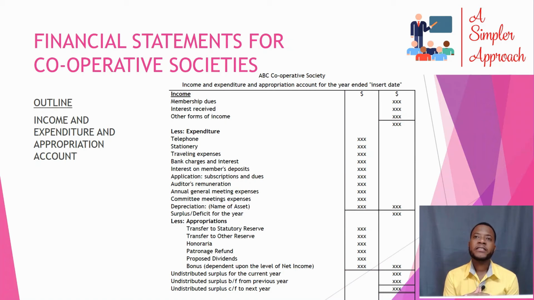Honoraria is, how should I put this, what we call an incentive for work that is done. For example, you have a president of the cooperative, a president of the society, who has been doing tremendous work for 30 odd, 40 odd years, and he's retiring.